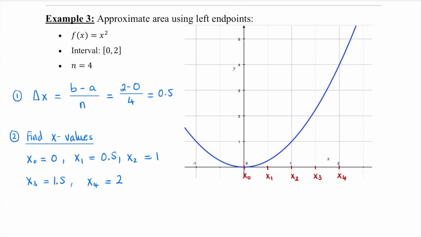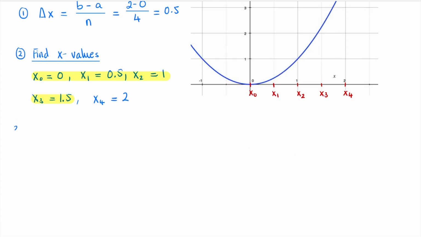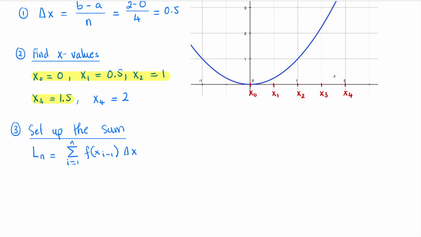In this example, we want to use the left endpoints. So the left endpoints are x0, x1, x2, and x3. Next, set up the sum. So the formula is L_n equals the sum from i equals 1 to n of f of x sub i minus 1 times delta x. In this case, delta x is 0.5 and n is 4.